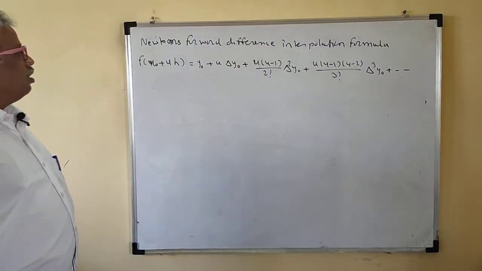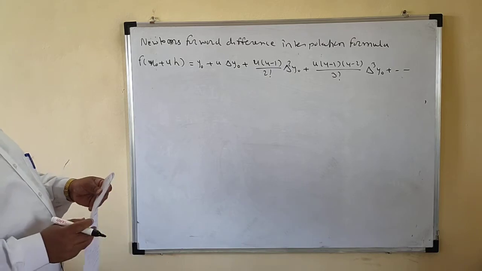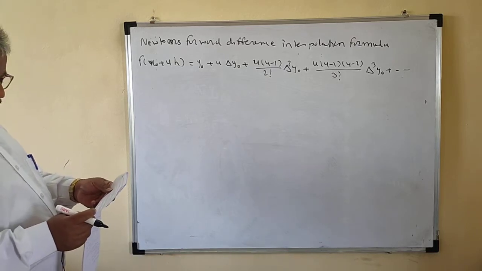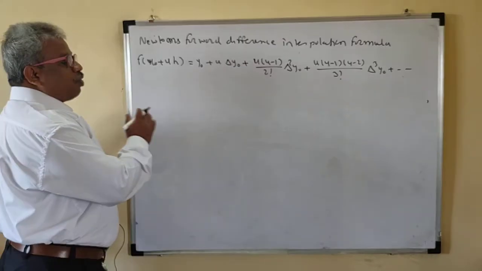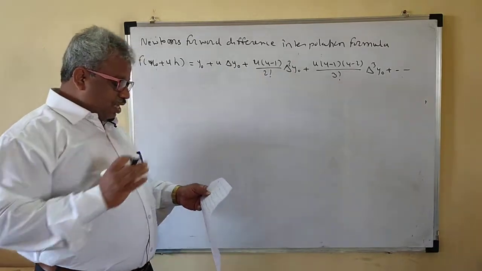Okay, this is Newton's forward difference interpolation formula, and this is useful for the beginning values of the tabular values.